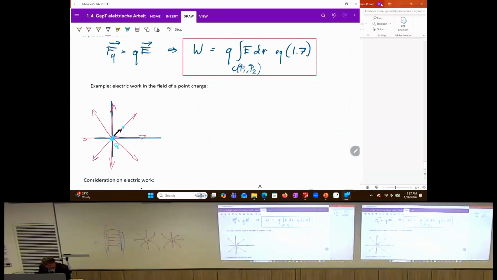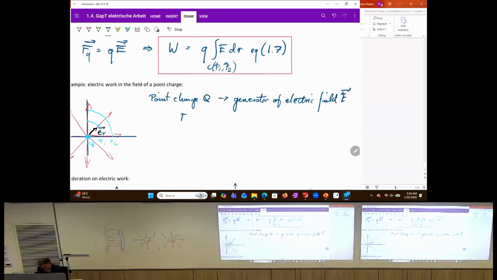The location of the test charge q is given with the unit vector e_r, which is a radial vector, and we have that positioned at r1. And what happens if we want to bring it to r2? This is our radius r2.